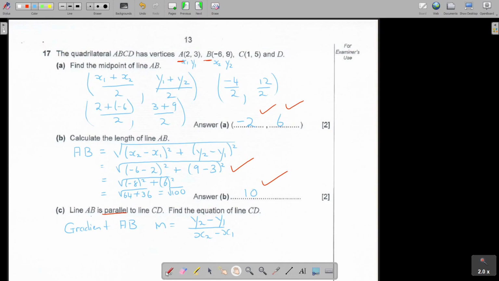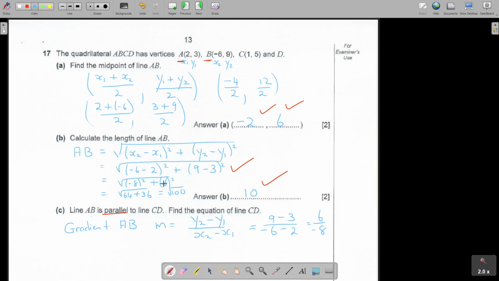So let's just put it in there. Just remember y is on top. So it's 9 minus 3 over -6 minus 2. And that 9 minus 3 is going to be 6 over -8. It's that 6 and -8 that you got.